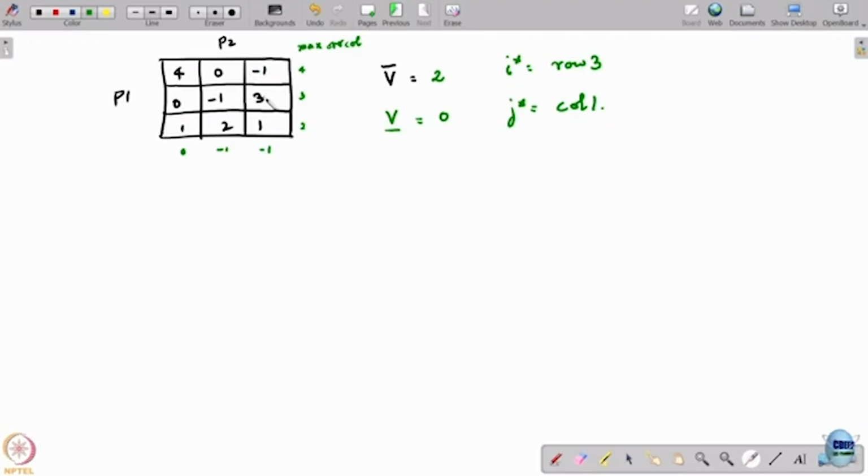So another way to think about it is, suppose the row player plays row i star, thinking that the column player is going to do the worst. The column player plays j star, thinking that the row player is going to do the worst possible damage, right? But the worst possible damage to i star is not j star, right? So what's the worst possible damage to i star?